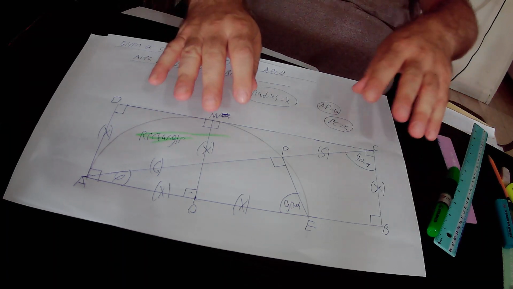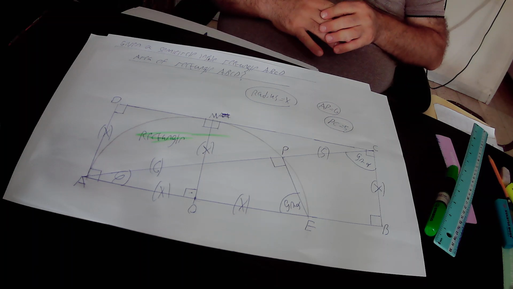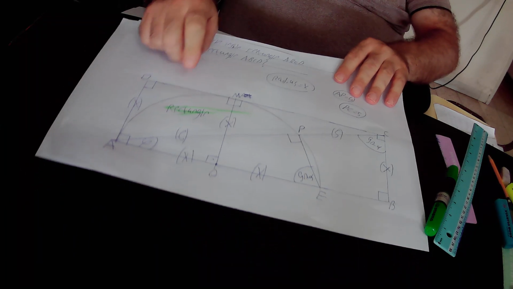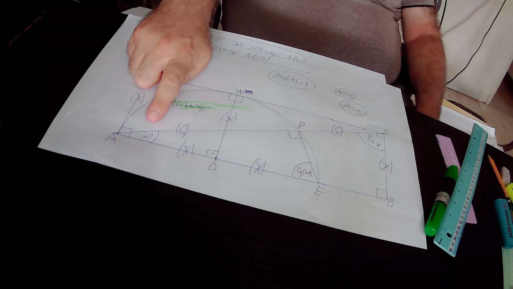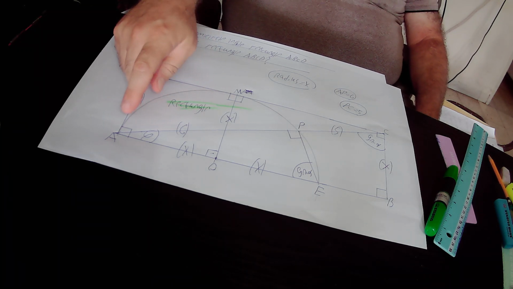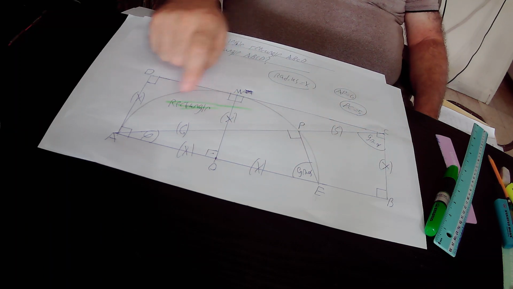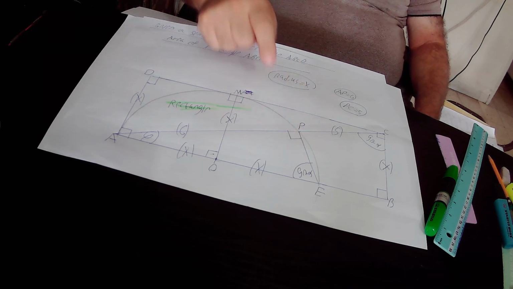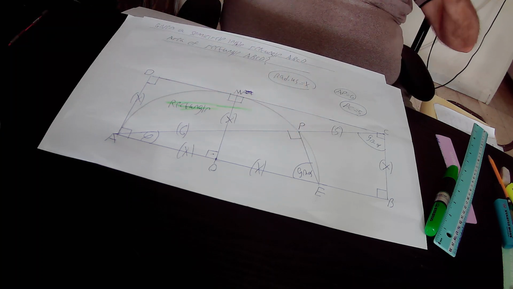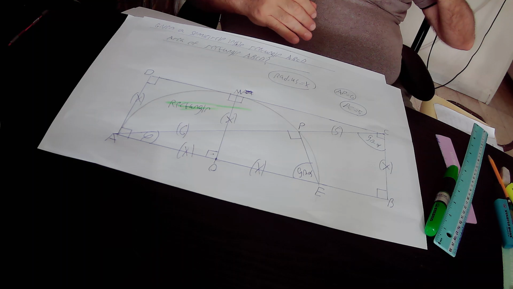So, why are those two right triangles similar to each other? First of all, this is angle A, that is a common angle that belongs to both triangles. Angle A belongs to the big triangle ABC, and angle A also belongs to the small triangle APE. So we can write down that angle A equals itself, a common angle that belongs to both triangles.